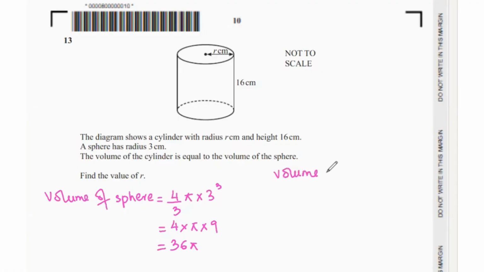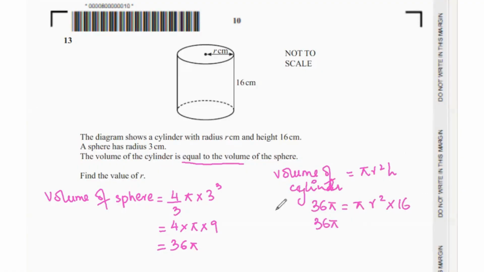Volume of cylinder is pi r squared h. So since they share the same volume, 36 pi equals pi times r squared times 16. Let's divide the 36 pi by 16 pi.